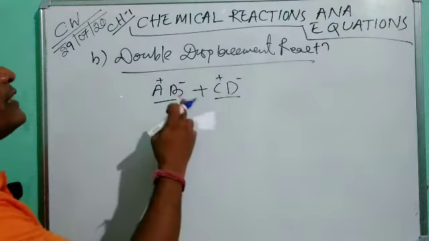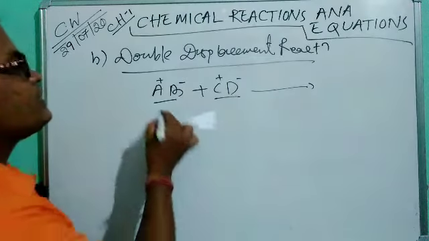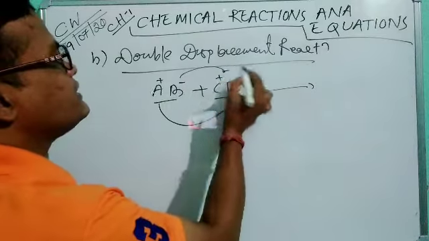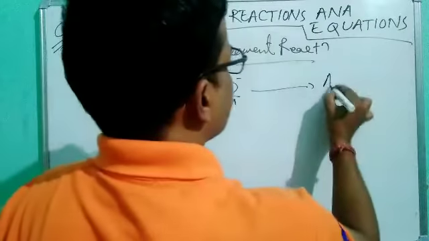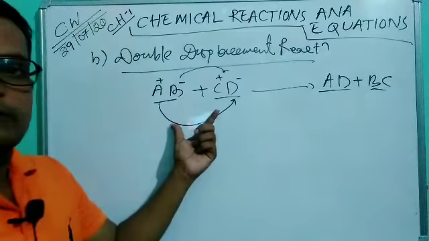When they displace each other, A combines with D and B combines with C. So what is the product? AD plus BC. So this is called double displacement reaction.